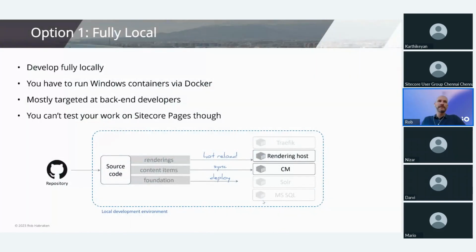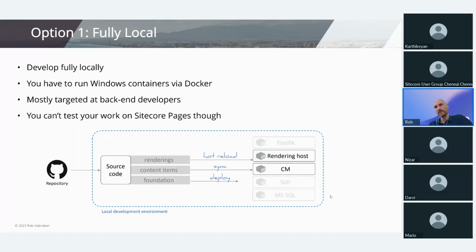But when you work with XM Cloud, you have different ways of operating. You can run what they call fully local, and that means you check out the repository I've mentioned. You get a bunch of containers, of which the most important ones are the rendering host and the CM.